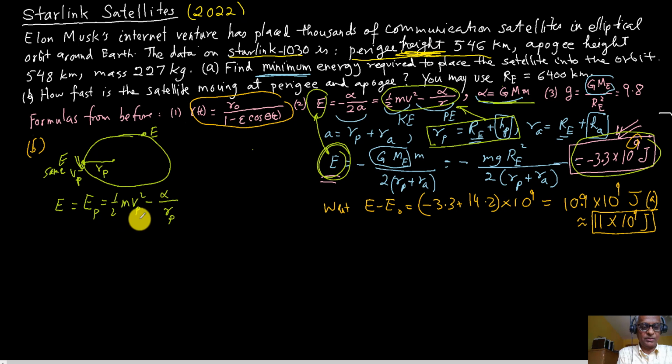Okay, we want this, so of course we can just rearrange that. We erase from here and solve this. E is already known, everything else is known. I get E plus alpha over Rp, times 2 over m, and then take a square root, and that's the Vp.